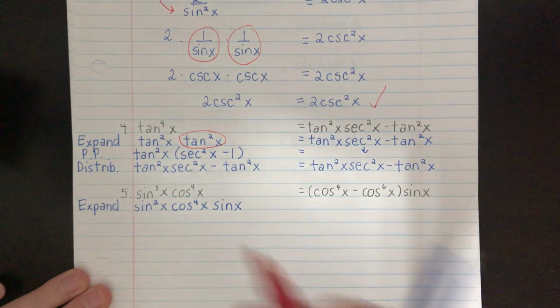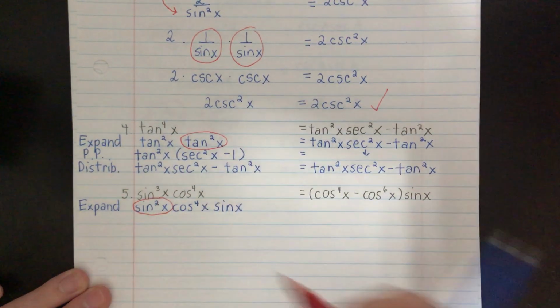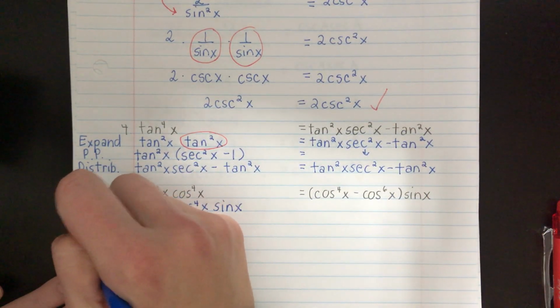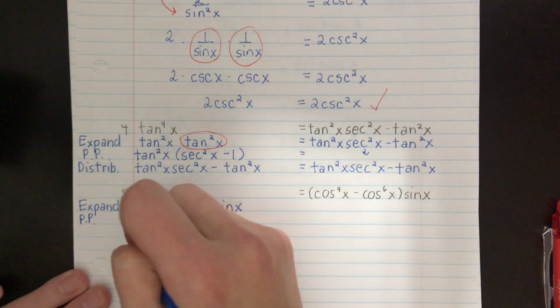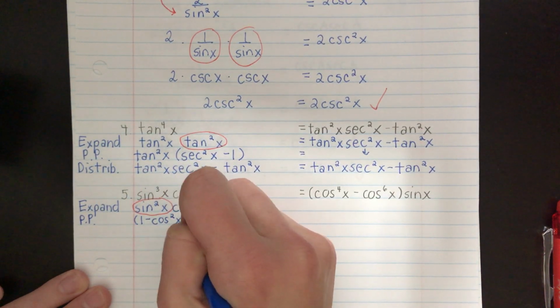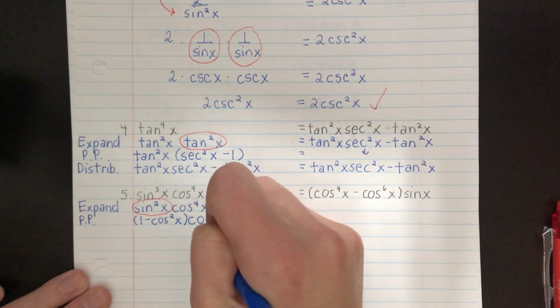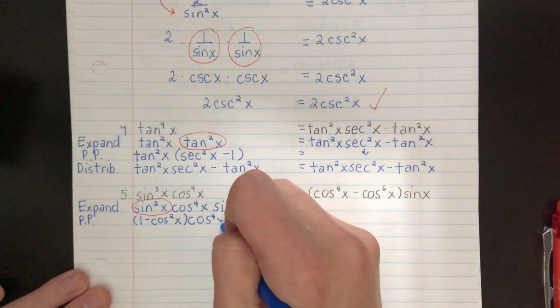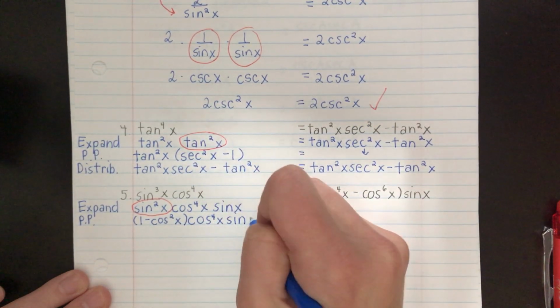You do know from your Pythagorean property that you can change this. So let's try that. You can change this to be 1 minus cosine squared of x times cosine to the fourth of x sine of x.